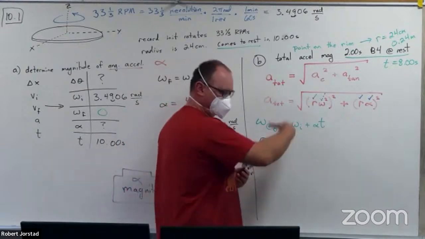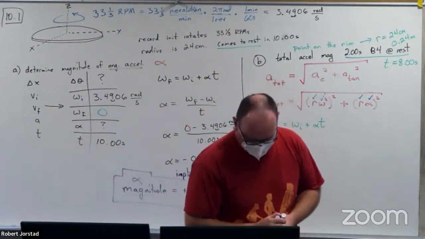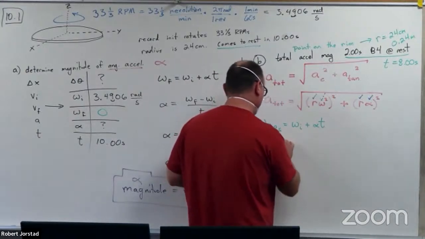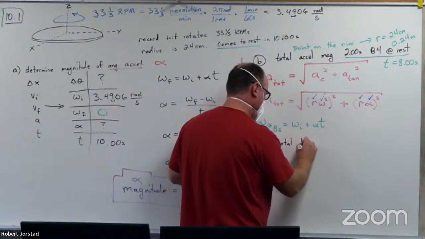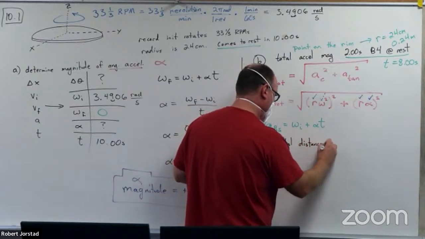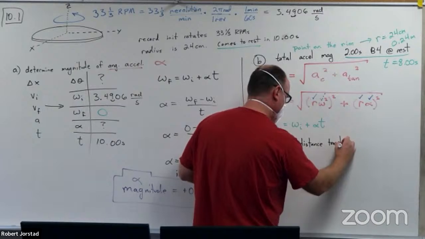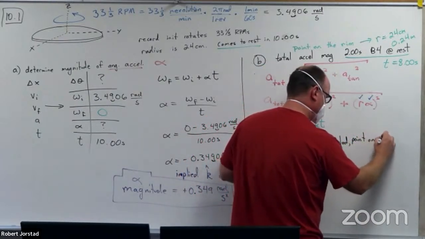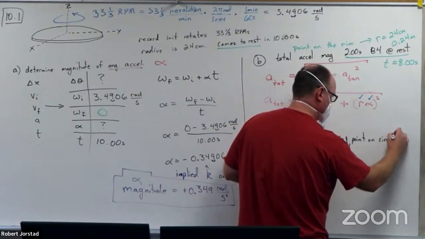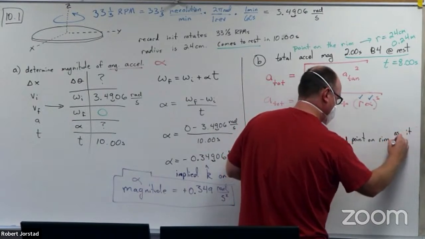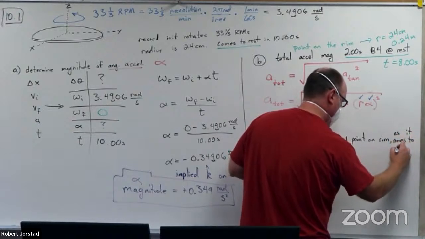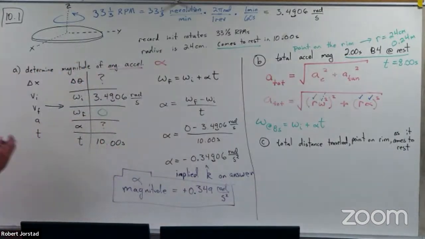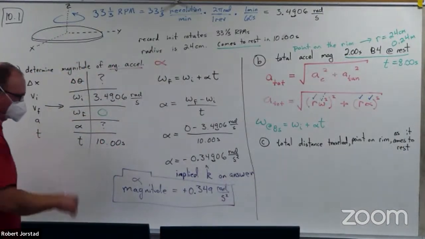Okay, so at there, the problem is doable. Total distance traveled. I want the total distance traveled by a point on the rim as it comes to rest.